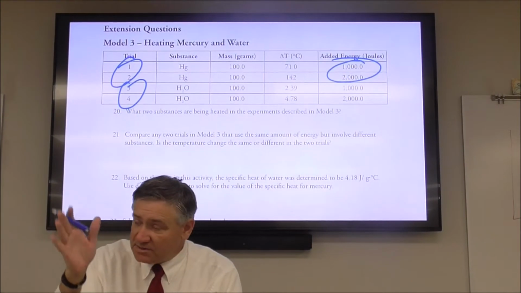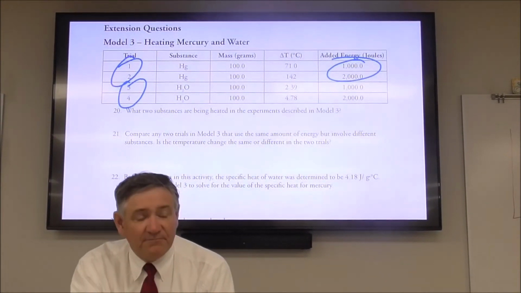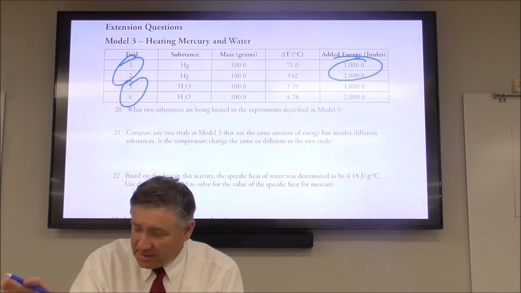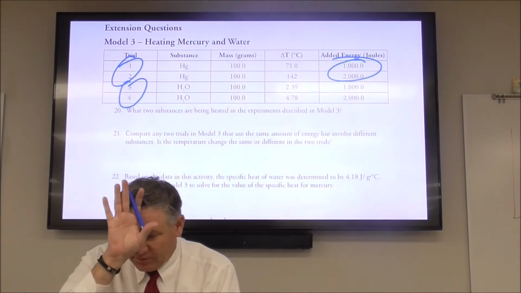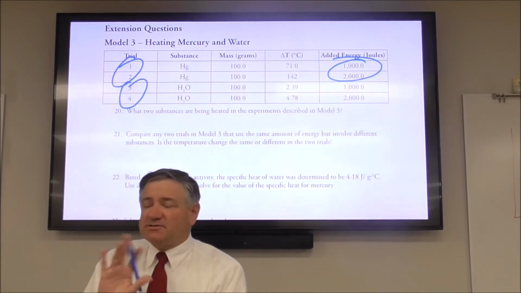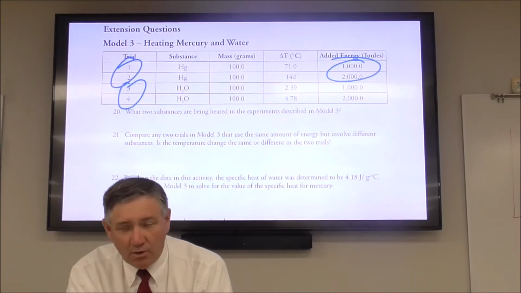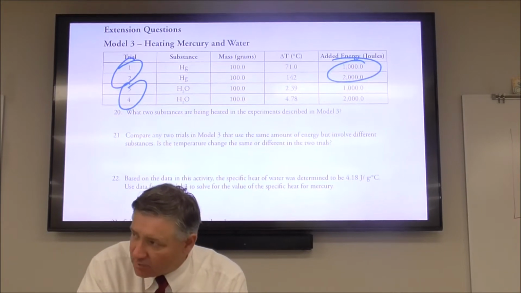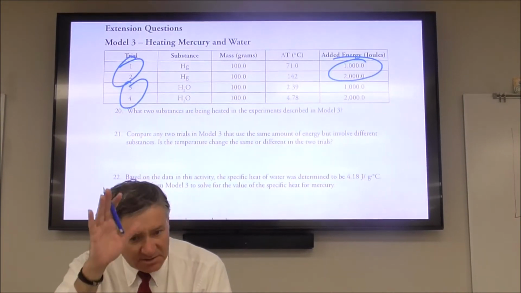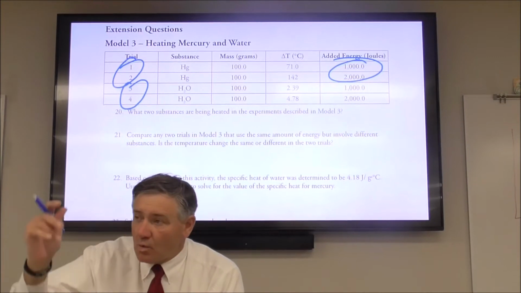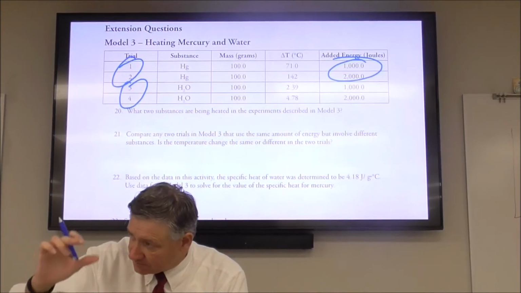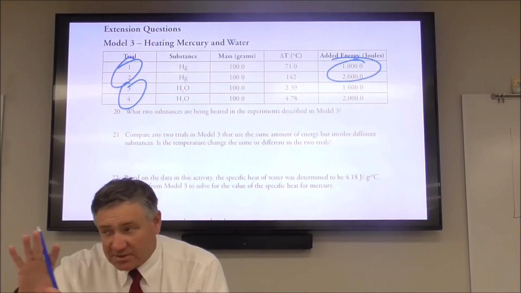One of the things I cannot emphasize enough: when you look at data tables, you don't get wrapped up in, oh, I'm going to answer the questions. No, step back, look at the data table, and ask, what's being changed, what's holding constant? So I'm always going to have the same mass. Within the trials of the water and the mercury, I'm going to input the same amount of energy.